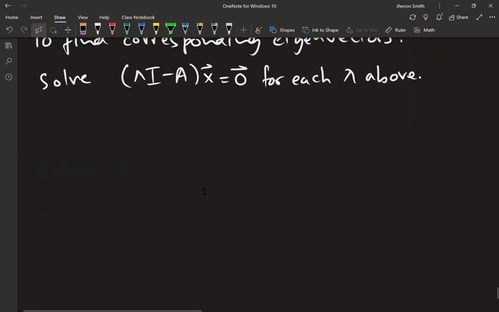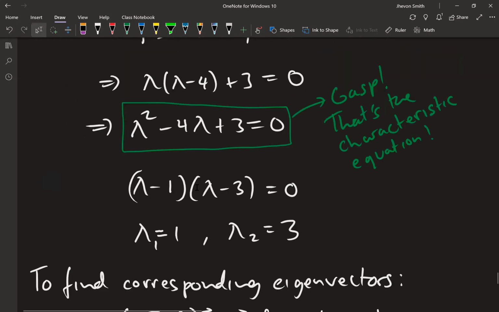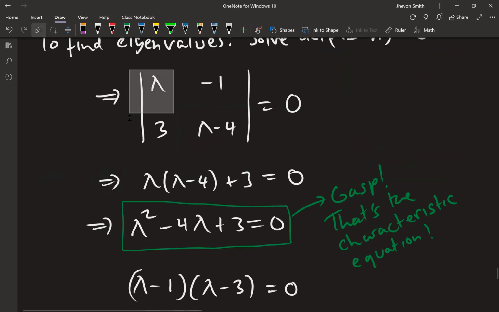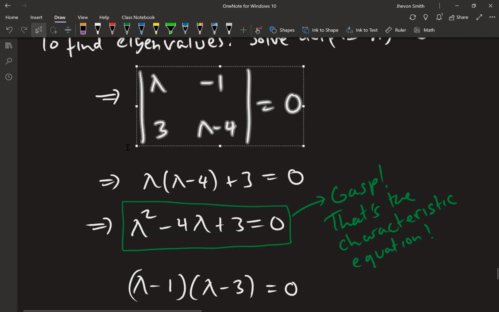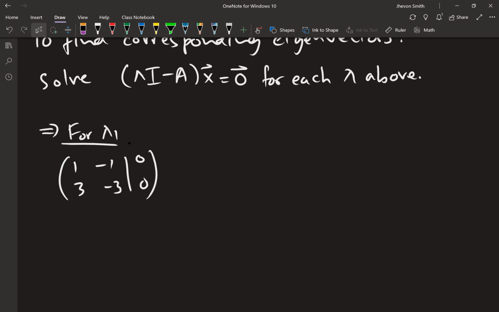So now, when I plug in lambda into this, for lambda 1, it's going to look like 1, minus 1, 3, minus 3, 0, 0.